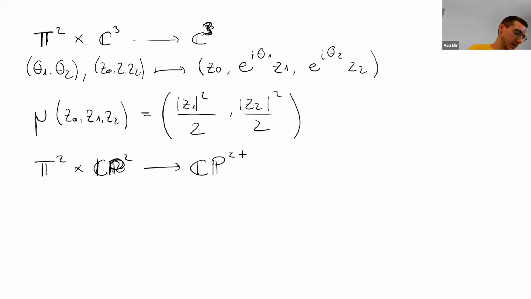What's CP2? It's difficult to have an image of CP2. It's a four-dimensional manifold. If you think of the real projective plane, it's the same, but every point is a complex point. And the real projective plane, you can think of as a Euclidean plane with the points at infinity also considered as points. So you add the infinite lines, not as a boundary, but you also consider infinite lines.